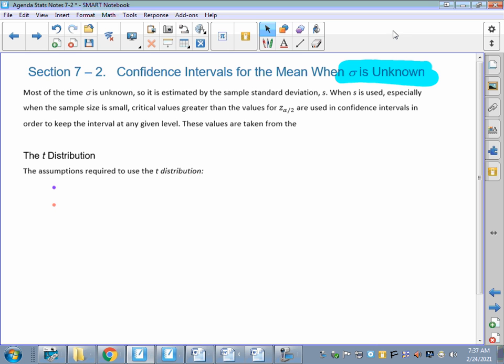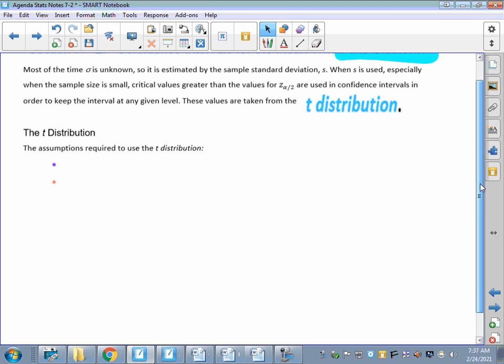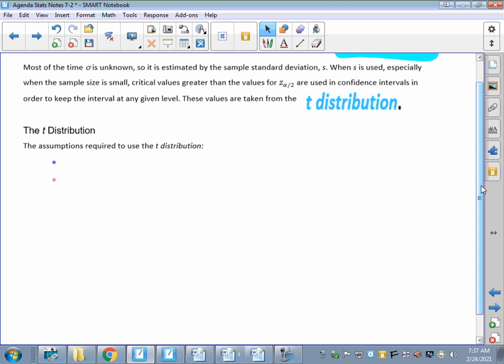So these values are taken from the T distribution. Instead of using a Z table, we are going to use a T table when sigma is unknown. It's really similar, it's just that we don't know sigma, or we've got a small sample size.